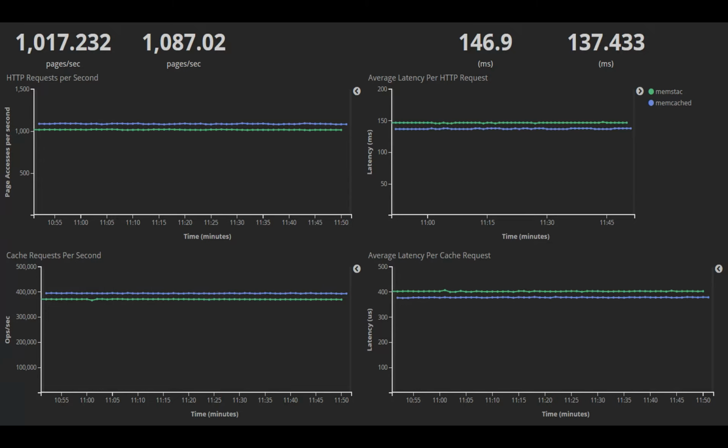And as you can see, we are seeing hundreds of thousands of cache requests for 1,000 page requests per second. The corresponding latency is only a few hundred microseconds per cache request. From this demo, even after crippling MemStac's capacity, MemStac can provide DRAM equivalent performance while keeping a reduced TCO.